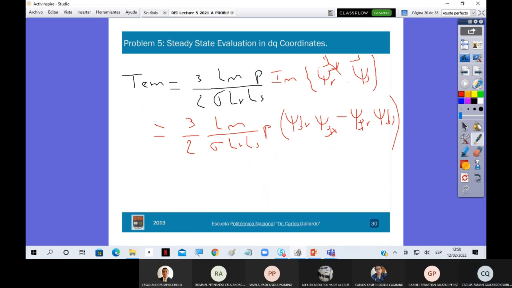Okay. So we know from the manufacturer this term, and we have already computed this term. The number of poles is equal to, okay? So I will have the electromagnetic torque.